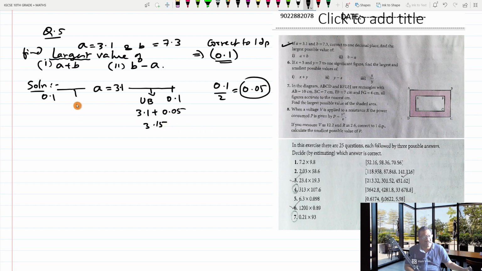And the lower bound will be 3.1 minus the half of this 0.1, that is minus 0.05.